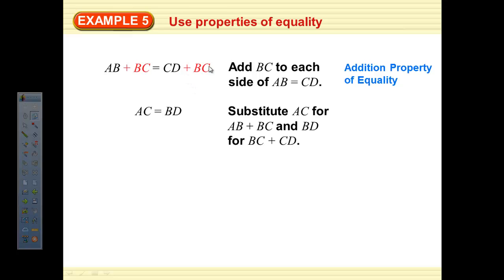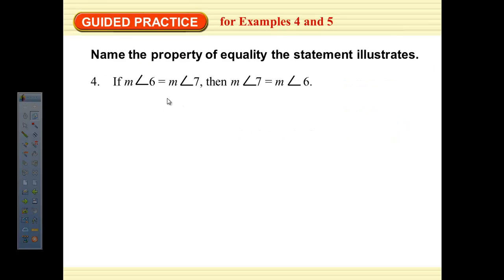So since these two equal BD and these two equal AC, we can state that those are equal to each other. And again, what we've done here is we've substituted, since this is equal to this and this is equal to this, we use the substitution property. So very similar problems solved two different ways. Either way would be okay.